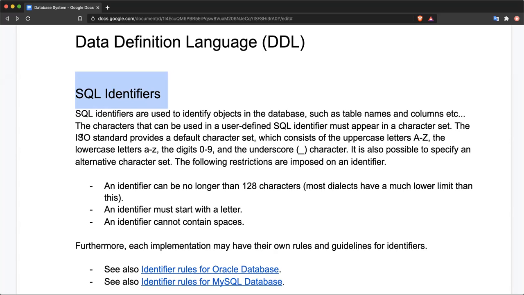ISO provides a standard set of characters that can be used for identifiers, and these characters include uppercase letters from A to Z, similarly the lowercase letters from A to Z, also the digits from 0 to 9, and the underscore character.